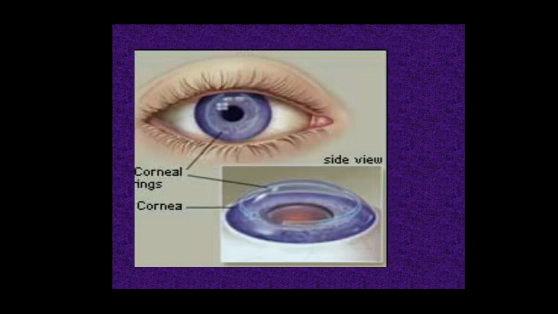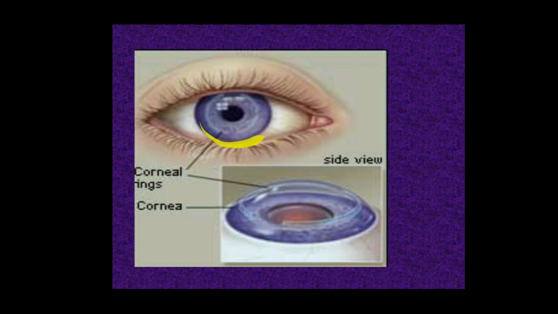Next one is cornea. Cornea is the bulged transparent modification of sclera. When the sclera comes to the anterior part, it gets modified into a transparent as well as bulged portion that is known as cornea.